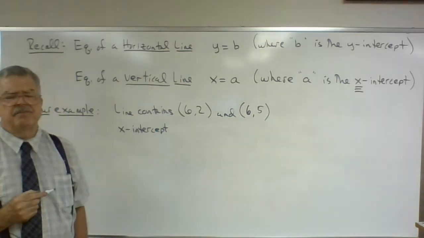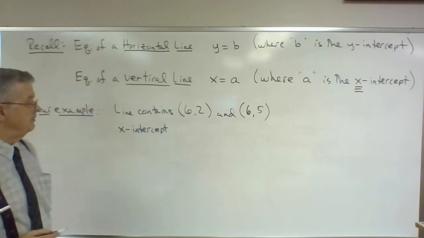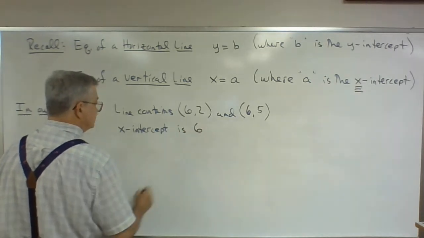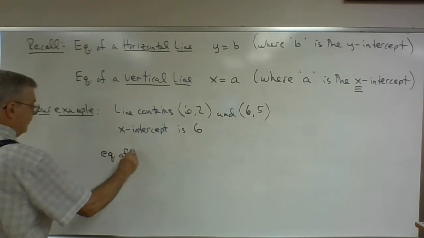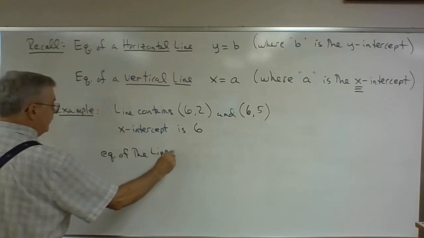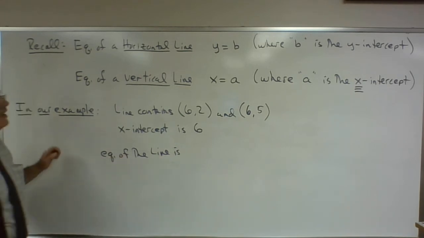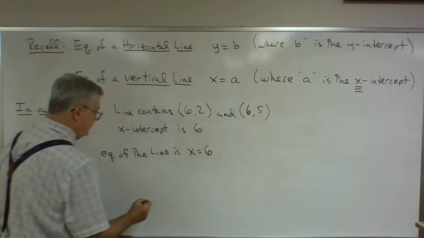Check your notes. The x-intercept was 6, wasn't it? So the equation of this vertical line is going to be x equal the x-intercept.